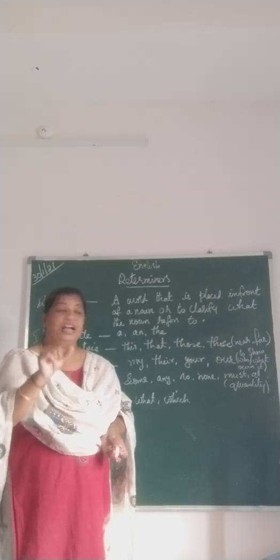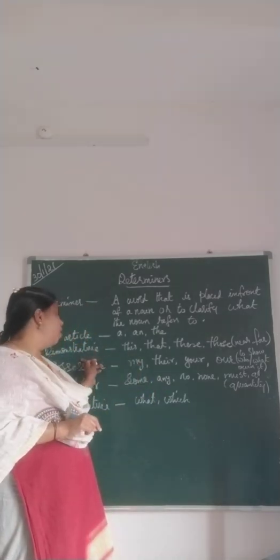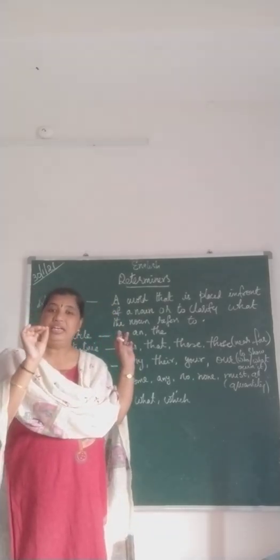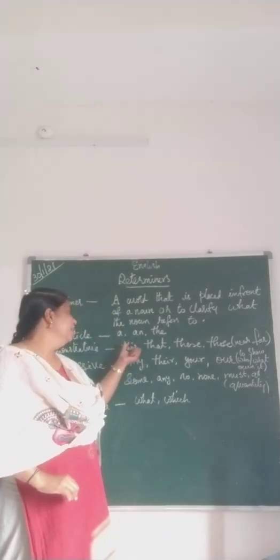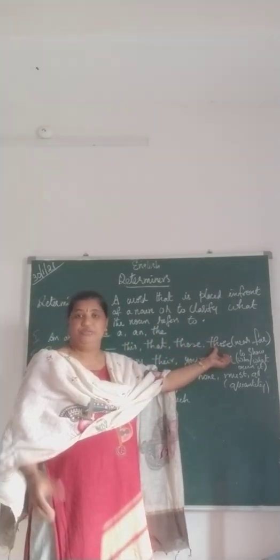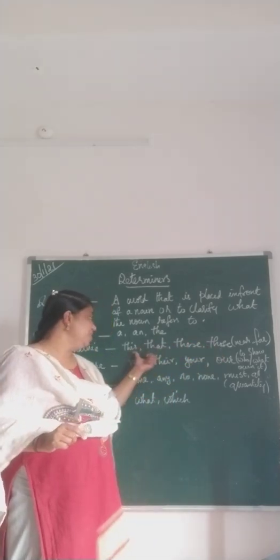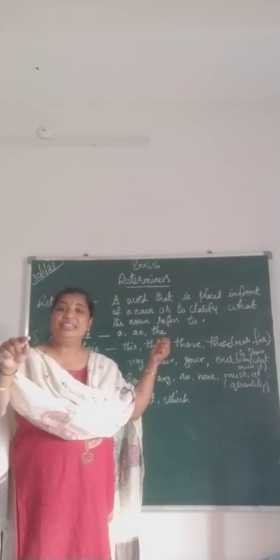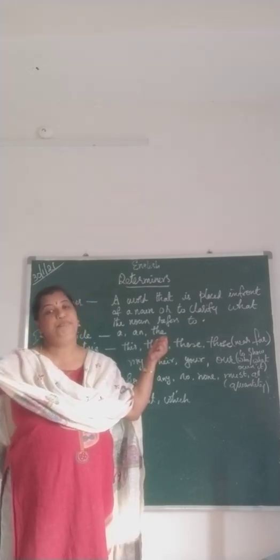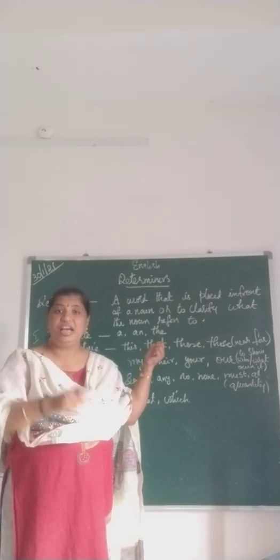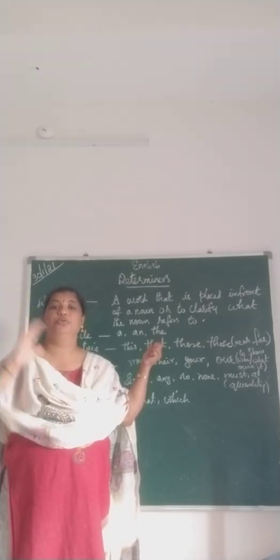That becomes the demonstrative determiner. The words which come under demonstrative determiners are this, that, these, those. You must have seen, children, this and that for singular, these and those for plural. Understood, no?